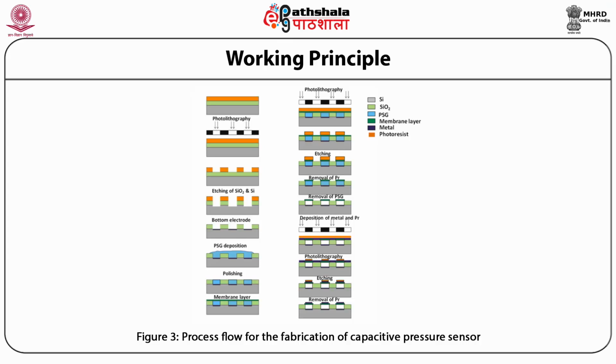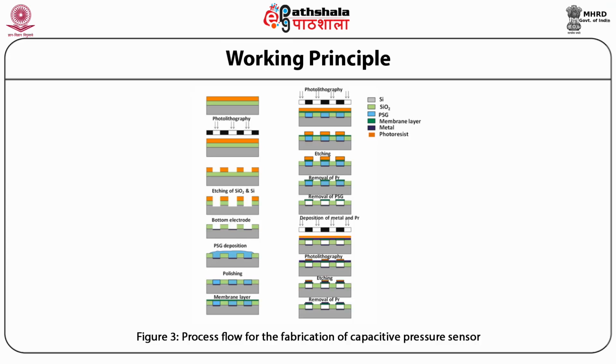Again the photolithography technique has been carried out, but here the membrane layer is deposited, and over it the photoresist was again coated. Again photolithography was carried out and etching was done. After etching, the photoresist was removed, and after removal of PSG, the membrane looked like this.